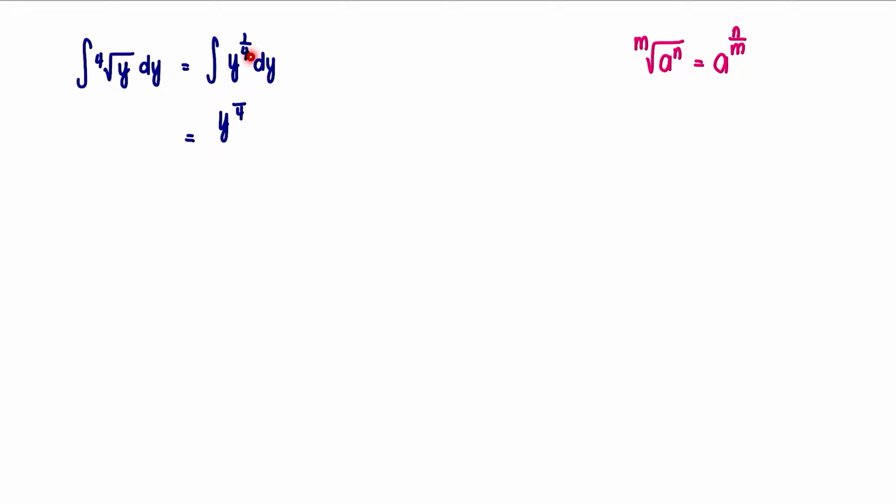So kung 4 ang denominator diha, ato ra nang kopyahon diri sa ubos, and then the numerator will be the sum of the numerator and denominator. So 1 plus 4, that is the numerator of the exponent, 5 over 4. And then whatever is the new exponent, we're gonna put that in the denominator. Do not forget your plus c.